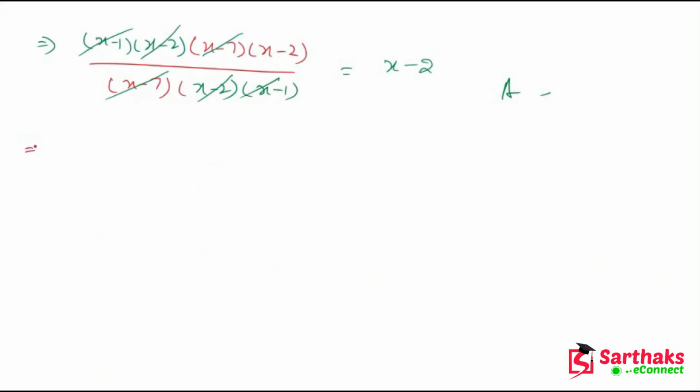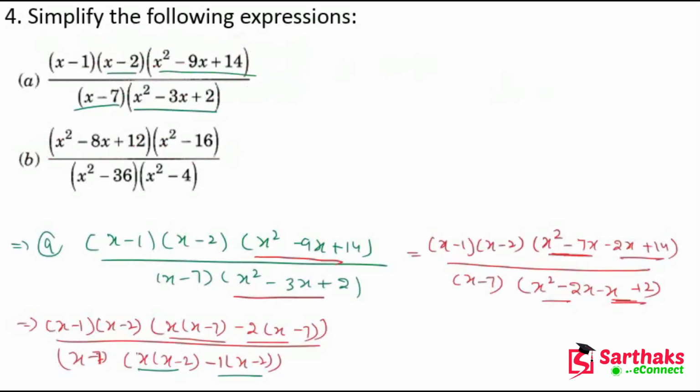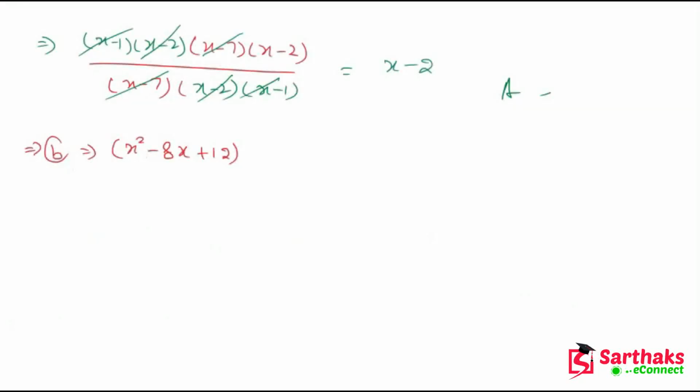So the B part is x square minus 8x plus 12, into x square minus 16, and it is divided by x square minus 36 into x square minus 4.